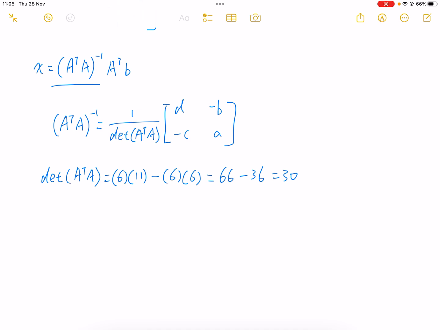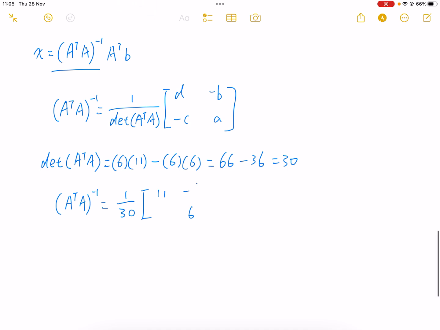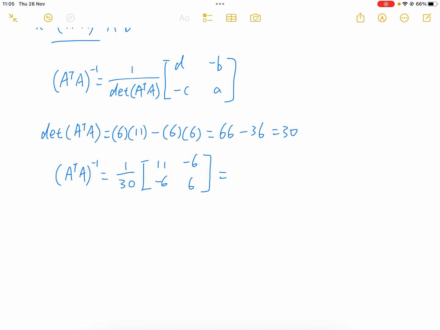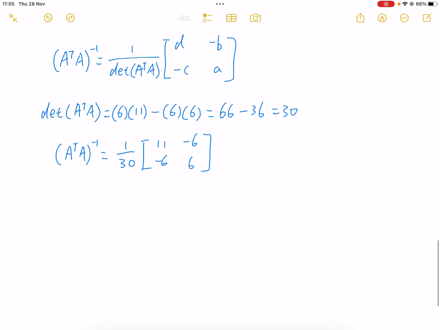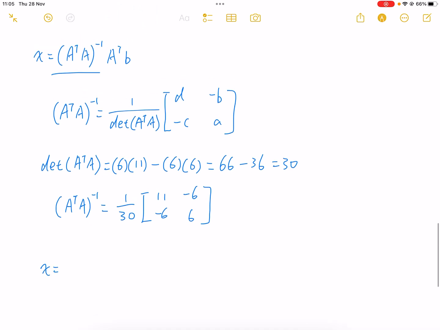Then the inverse of A transpose times A equals 1 over 30 times 11, negative 6, negative 6, 6. Now we compute x from the formula, the inverse of A transpose times A times A transpose times b.